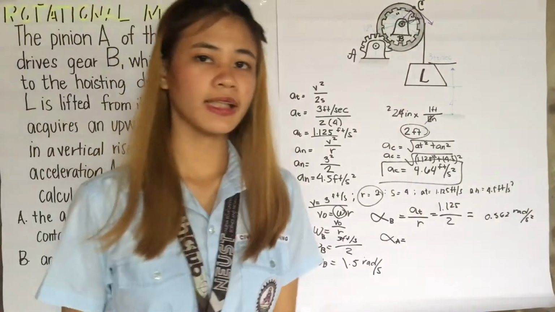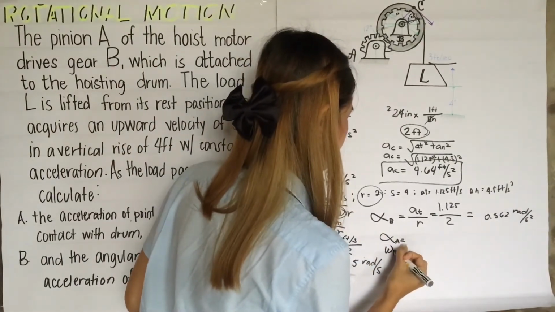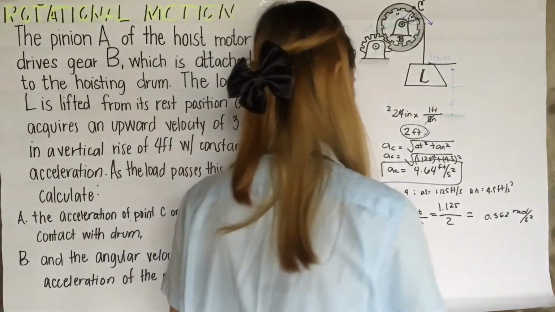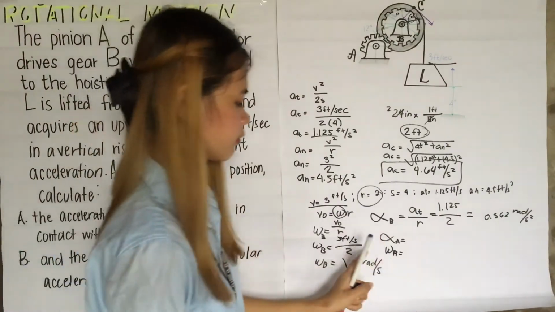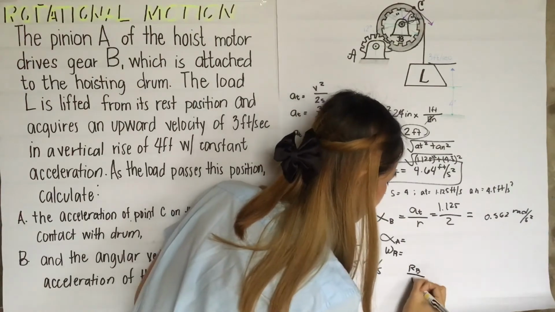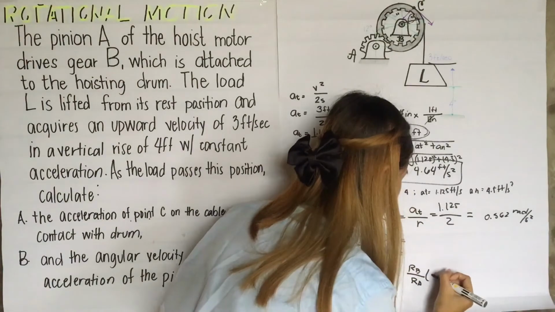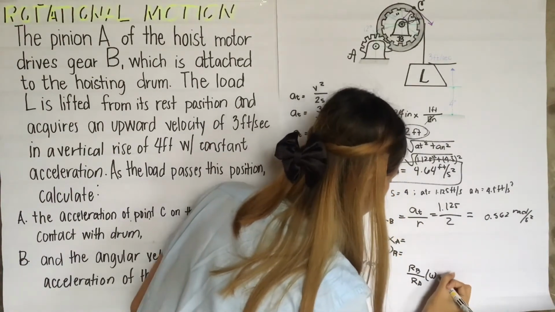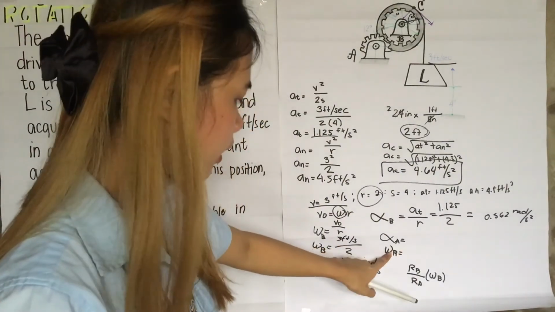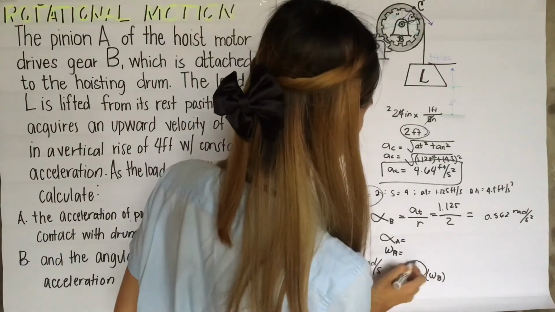To get the angular velocity and angular acceleration at point A, the formula for the angular velocity is the radius B over radius A multiplied by the angular velocity at point B. So, what is the radius of point B?